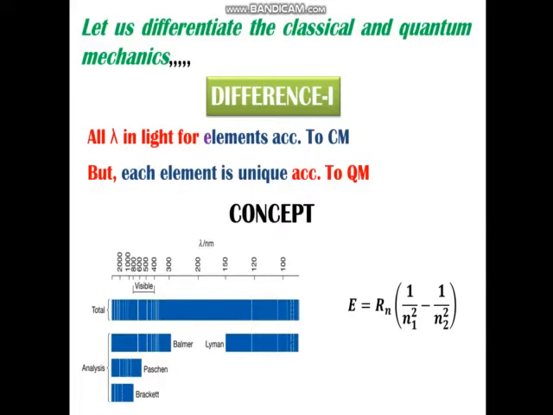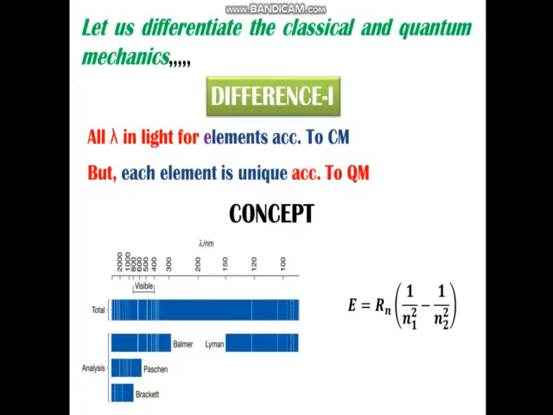It is because of electronic transitions from one energy level to another energy level, which have differences in energies. That can be explained by an equation, E is equal to R into 1 over n1 square minus 1 over n2 square. That is called the Rydberg equation.